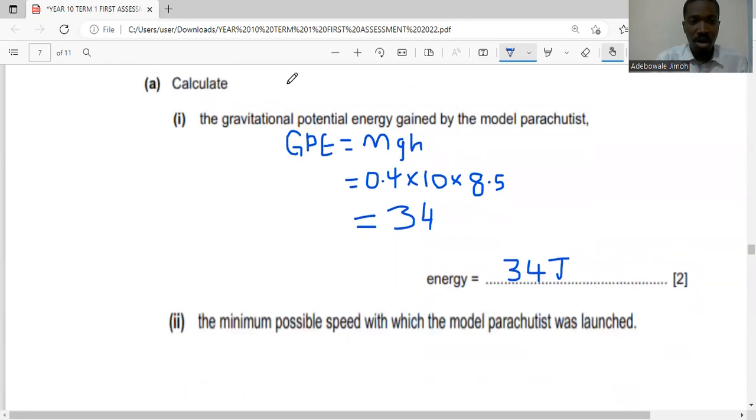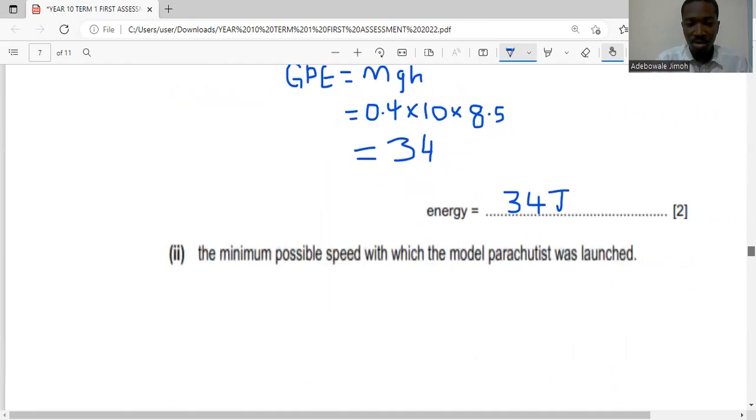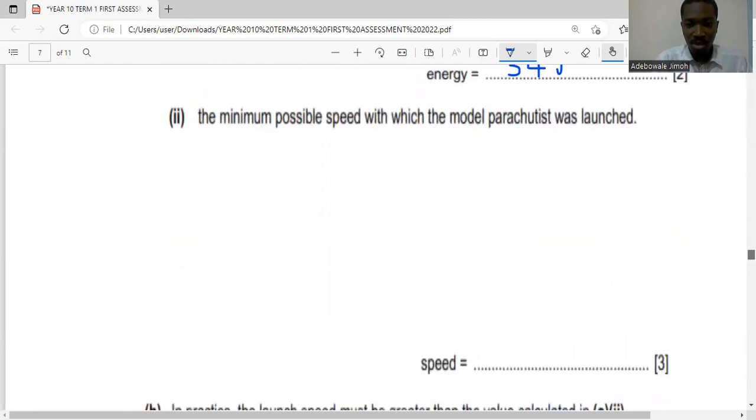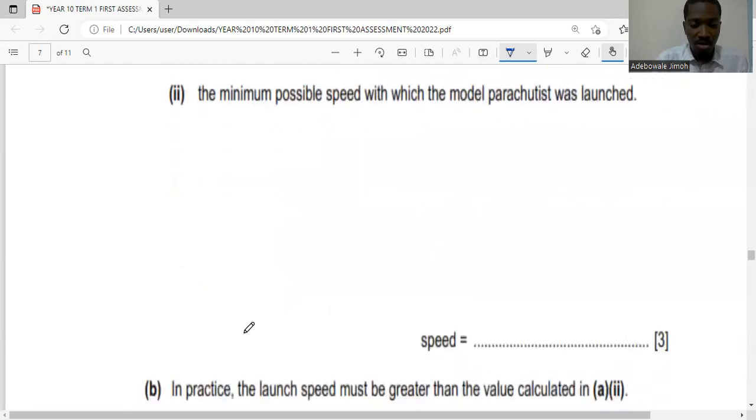You are to calculate the minimum possible speed with which the model parachutist was launched. How do you get the minimum possible speed? According to the question, the model parachutist was thrown upwards and attained a height of 8.5 meters.